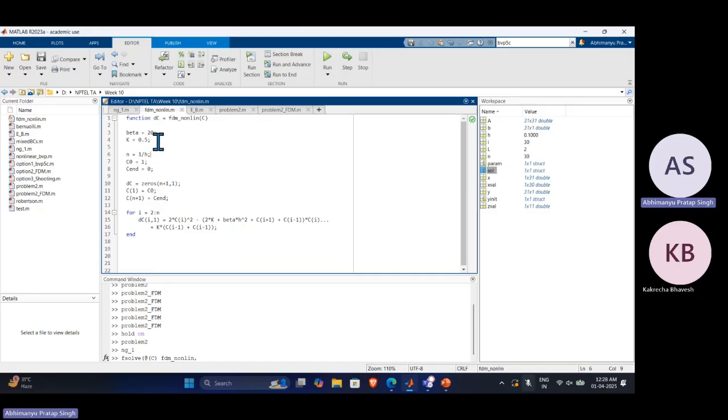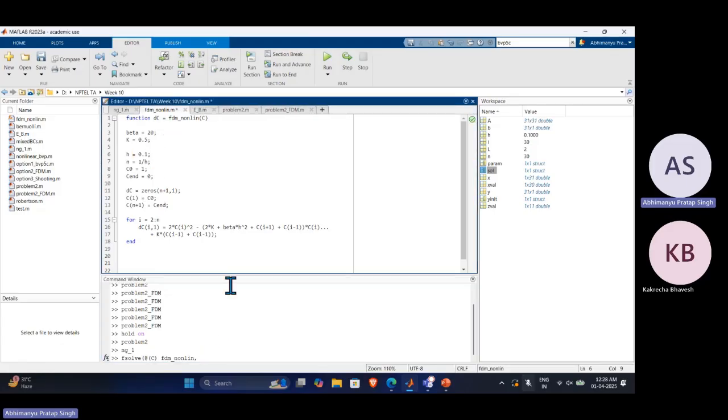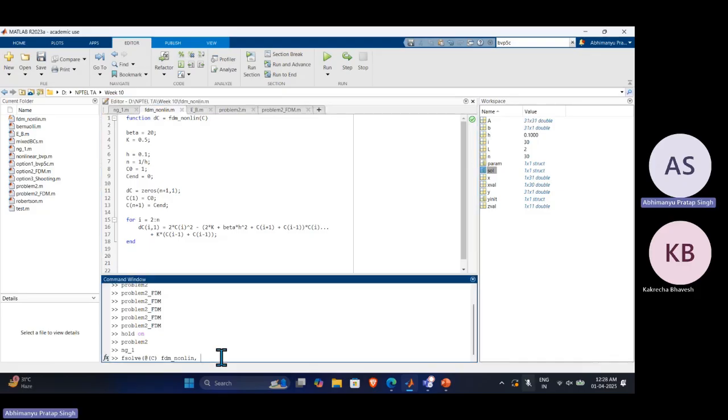H is 0.1. We have in total 11 nodes. We need 11 initial guesses.